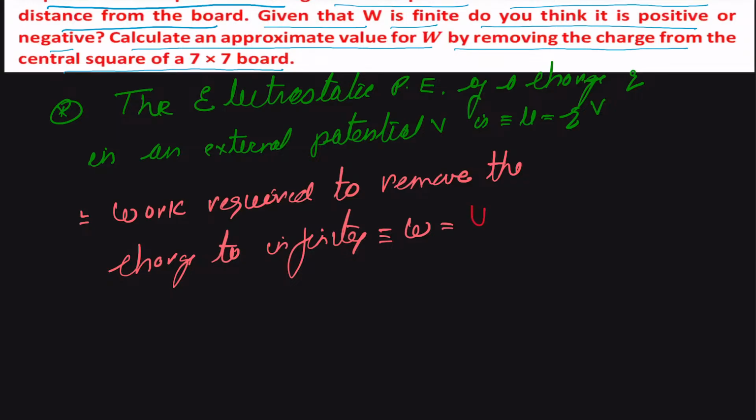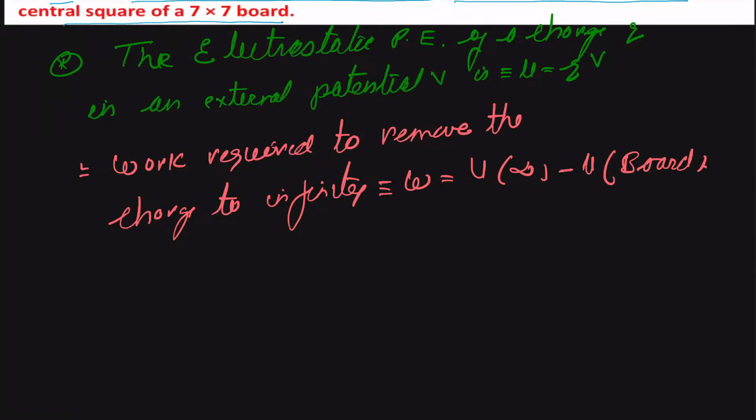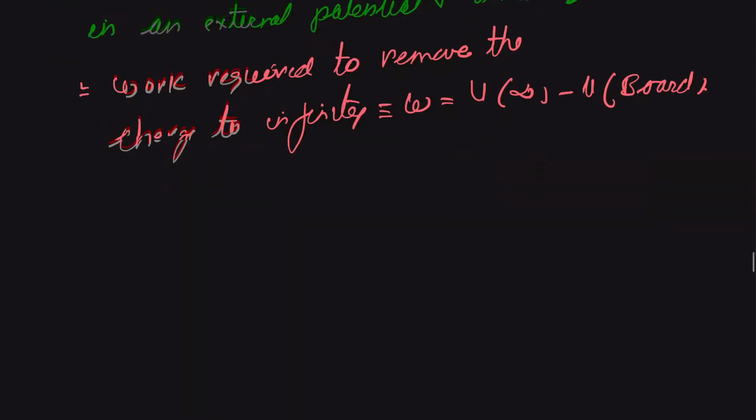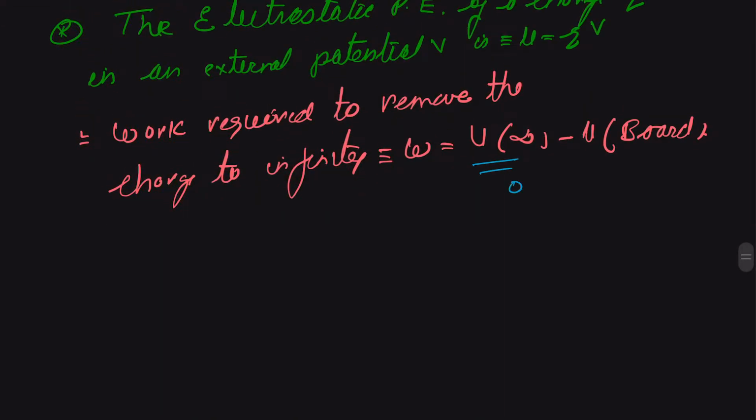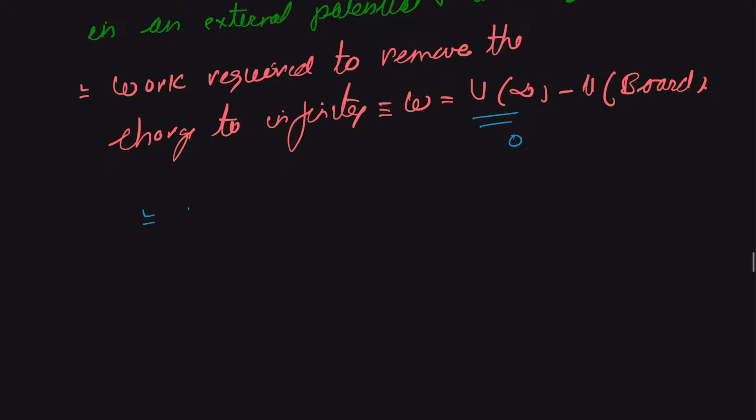We can say potential energy at infinity minus potential energy on the board. And we know that our potential energy at infinity is 0. Therefore, we can say that work done is equal to minus U, and this is our board energy, and we can write this as the interaction energy also.